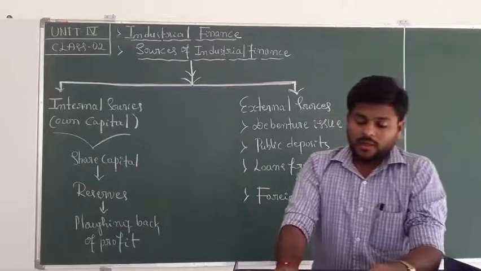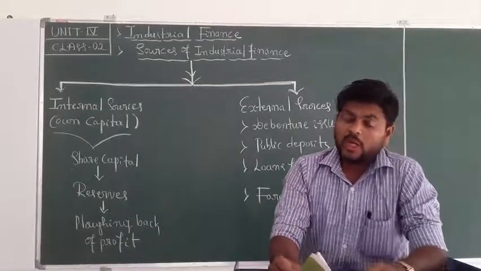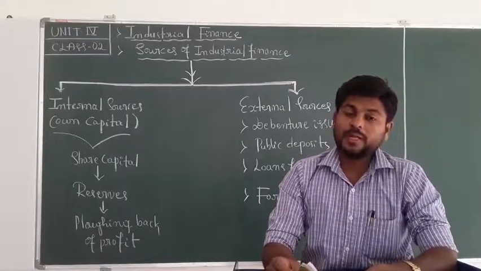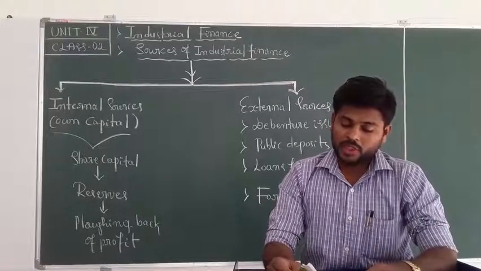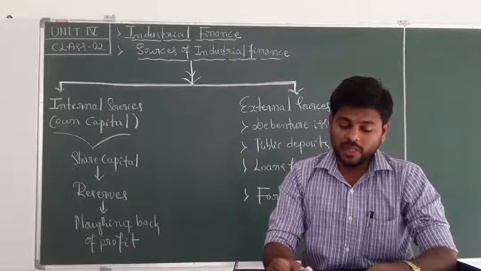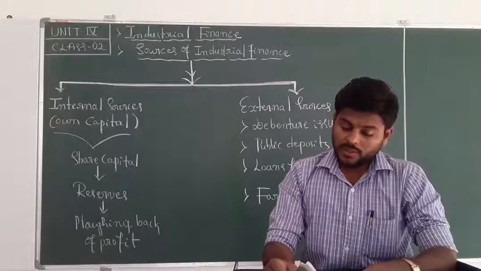See, another important external source of medium and long term finance for industries is the flow of foreign capital. Industries are eligible to get loans and equity from various international institutions, particularly the World Bank.